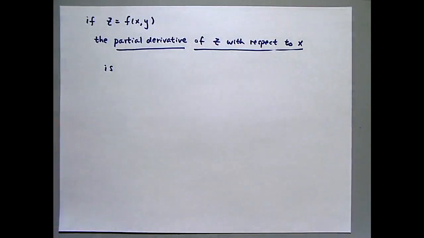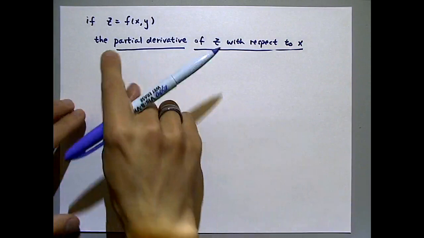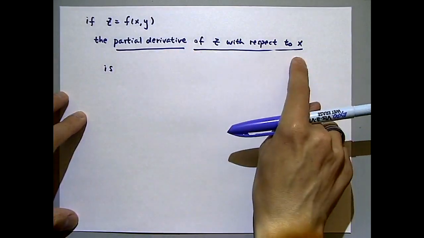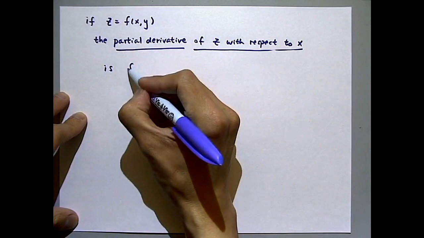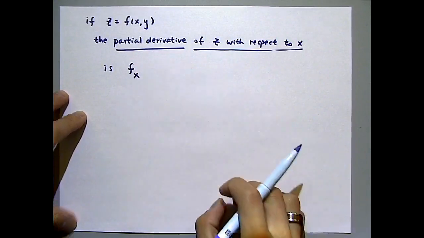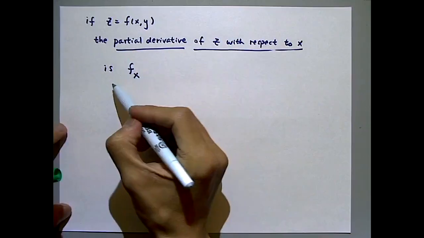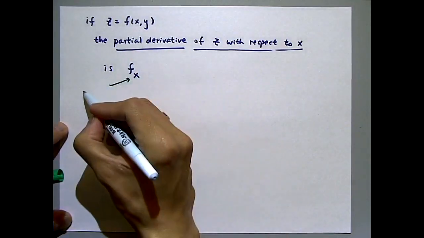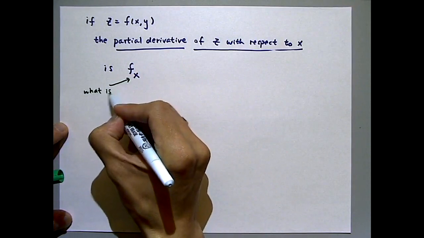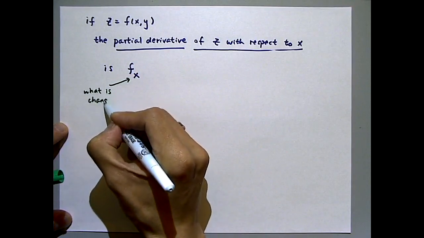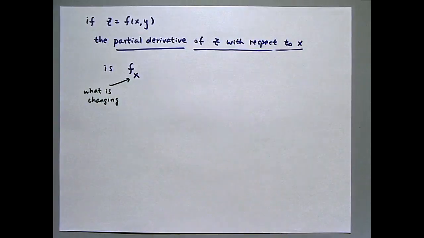And the definition of the derivative is used again, just like a one-variable function. When you hold y constant, allowing x to change, you're back to a one-variable function. So the partial derivative of z with respect to x is written as f with a subscript x. The subscript tells you what variable is changing. f_x tells me that I'm holding y constant, allowing x to change.